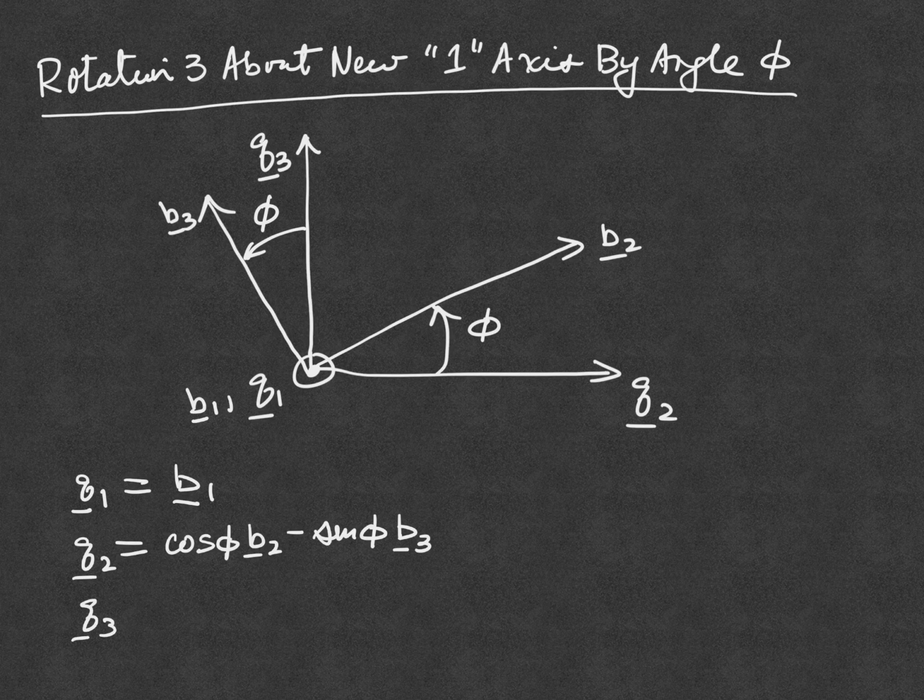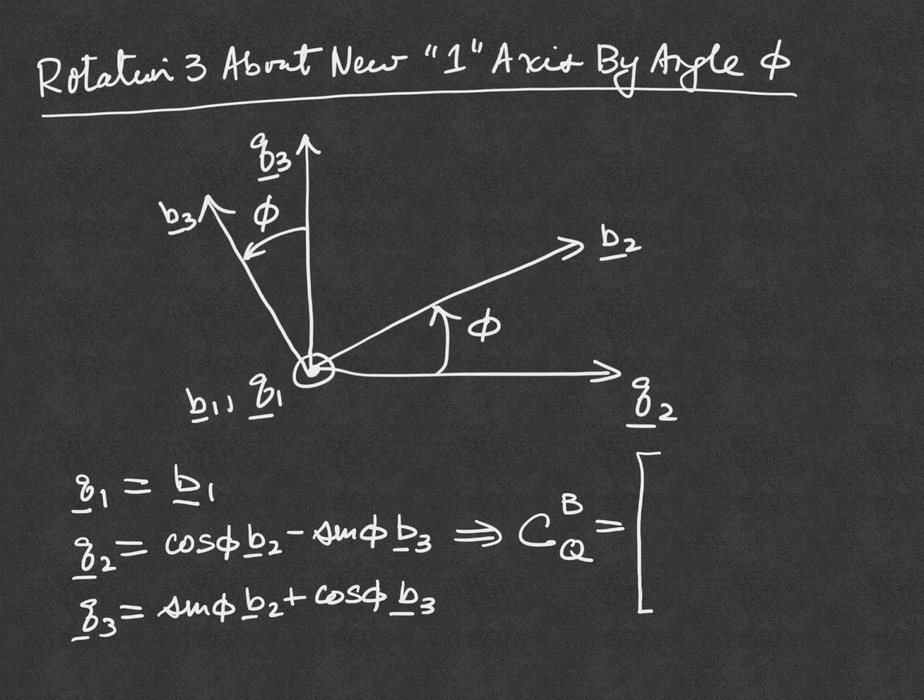And then Q3 is equal to sine of phi times B2 plus cosine of phi times B3, which implies that the transformation from Q to B is equal to, so Q1 is equal to B1, so we get 1, 0, 0, and then 0, cosine of phi, minus the sine of phi, and then 0, sine of phi, cosine of phi.